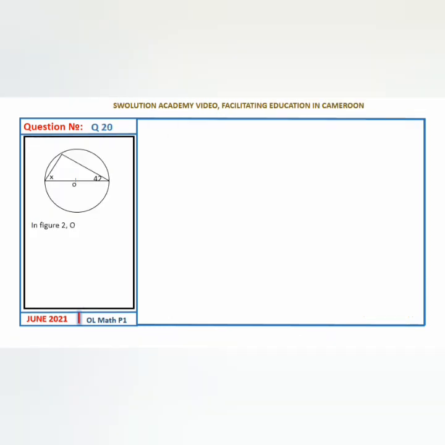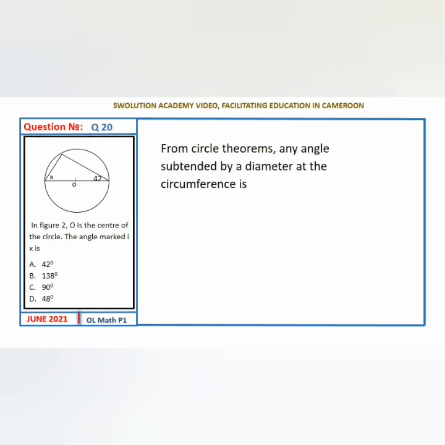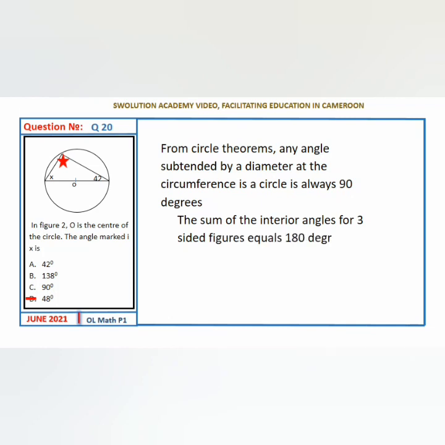Question number 20. In figure 2, O represents the center of the circle. The angle marked X is. Now from circle theorems, you have to know that any angle subtended by a diameter at the circumference always forms an angle of 90 degrees. So this means that the place represented by the star is angle 90 degrees. And when you sum the interior angles of a 3-sided figure or a right angle triangle, it has to give you 180 degrees.